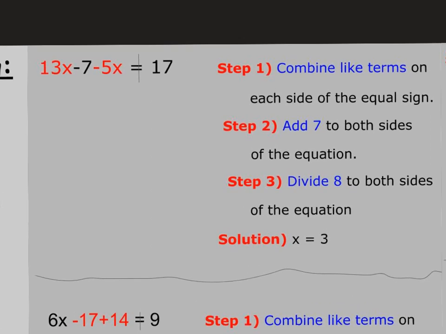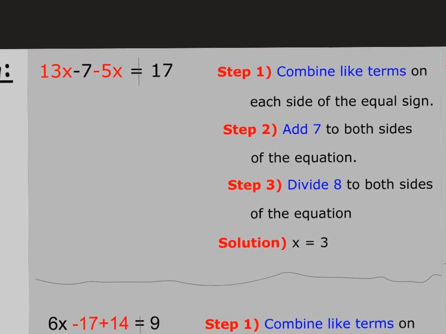We have 13x minus 7 minus 5x equals 17. All right, so looking at the left side, I see I have like terms. I have 13x and negative 5x. If I were to combine those, I would end up with 8x, and we bring down the minus 7 equals 17.